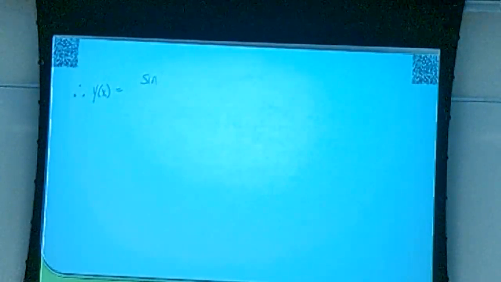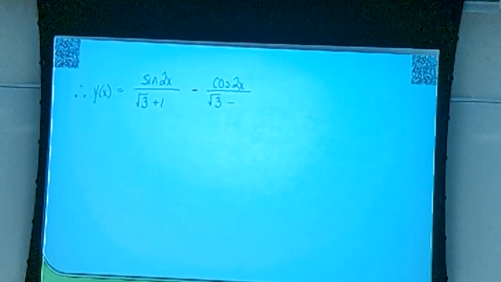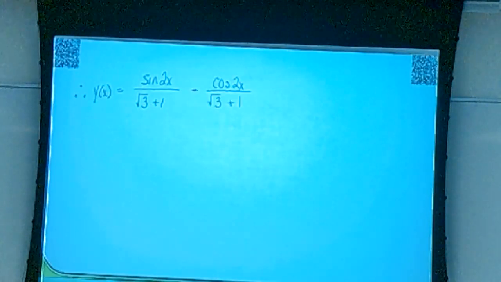Sine of 2x over root 3 plus 1, minus cosine 2x over root 3 plus 1, would be our solution. Okay, now let's actually do the problem that was intended to be.